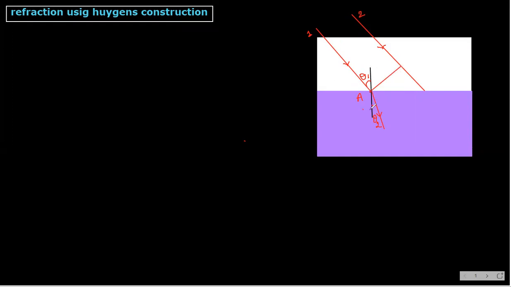Now here I am drawing one wavefront like this, and drawing one tangent to this, which meets here. And this one is your secondary wavefront, we can say, like this here. And this ray again refracts something like this at this interface.